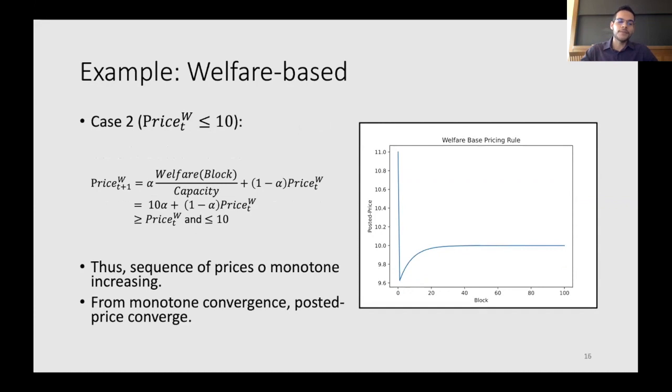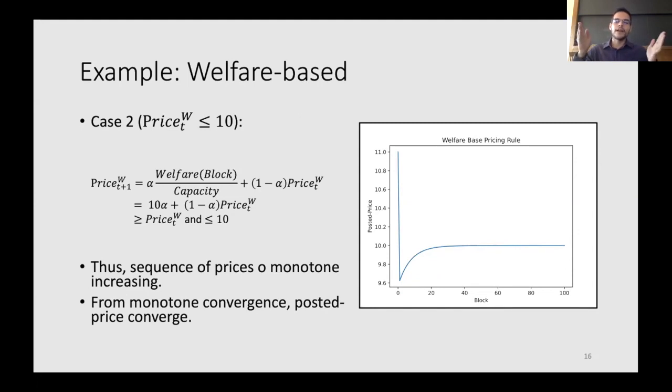Once that happens, we go to the second case, where the price is at most 10. But in that case, the average welfare of our blocks is going to be 10. So the next price is going to be a convex combination of the previous price with 10. Therefore, the next price is going to be between the previous price and 10.